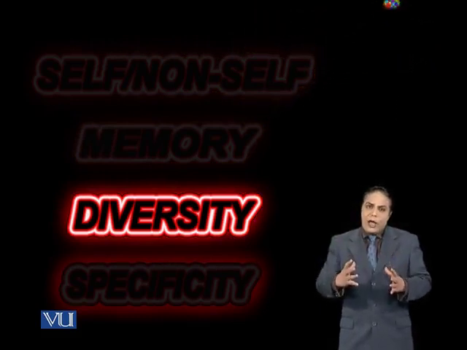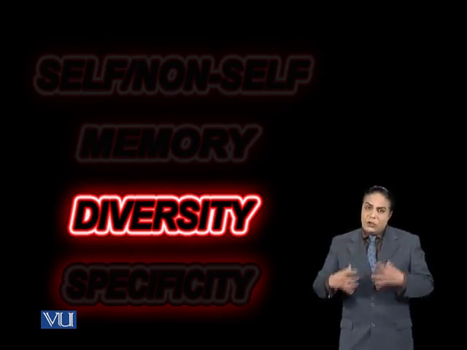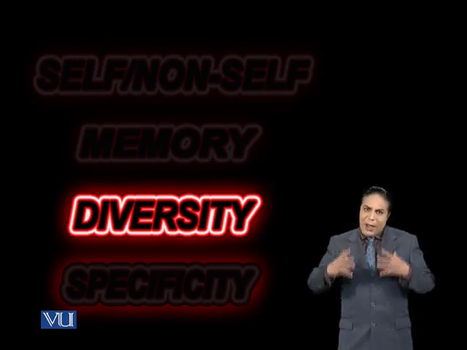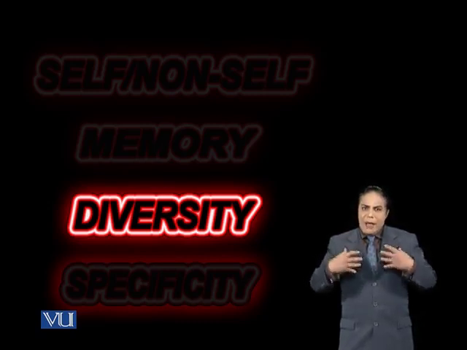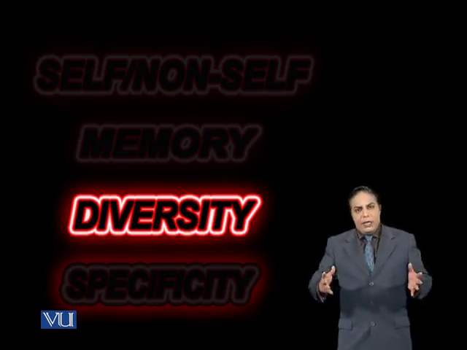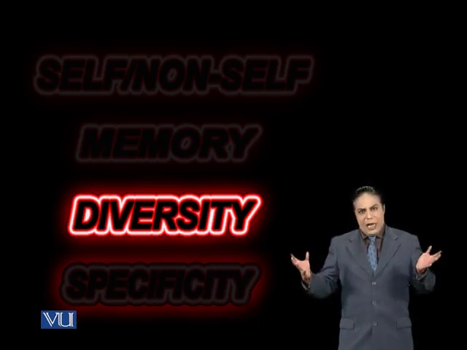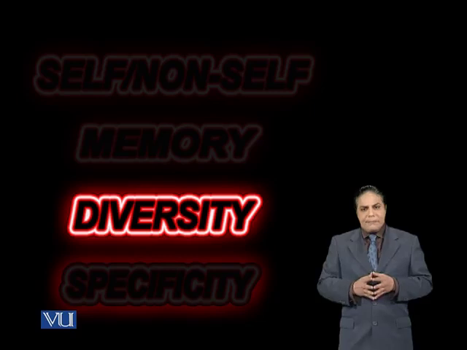Our body has to have all types of armament capability, to develop them, should have them at hand. No matter what pathogen enters, it should be able to produce a response against it. So our bodies can produce millions of different types of antibodies against potential pathogens.